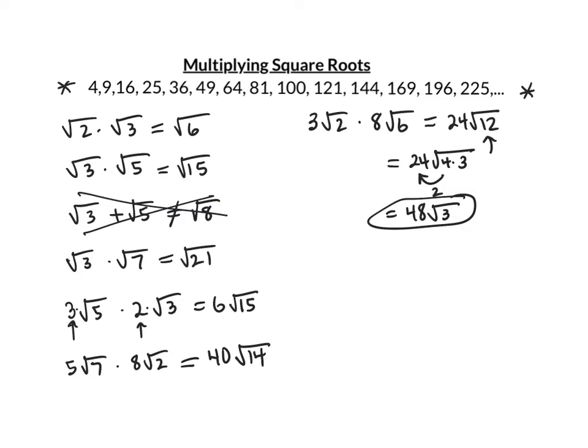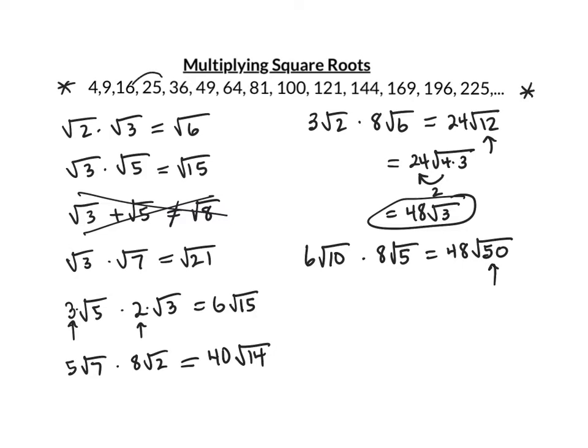Another one, if I said 6 root 10 times 8 root 5, when I multiply that, I get 48 root 50. I multiply the 6 and the 8 to get the whole number 48, and root 5 times root 10 to get root 50. Again, 50 has a perfect square that divides into it.